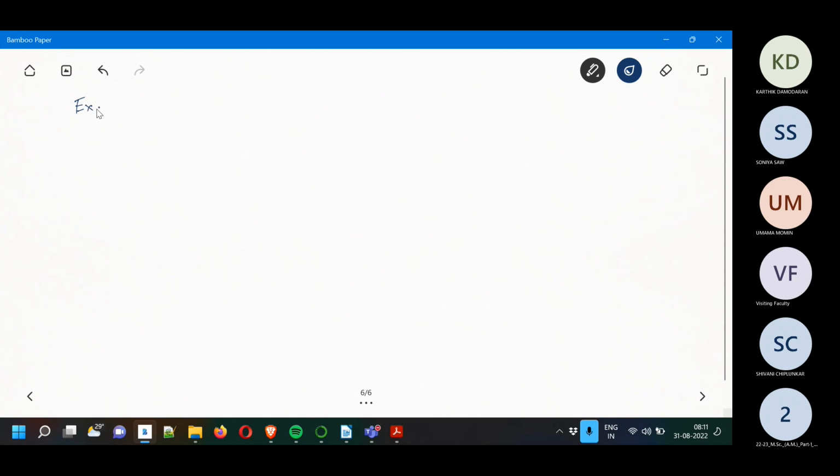So examples. So you can always say that take n square. N square is theta of a times n square plus bn plus c for fixed a, b, c greater than or equal to 1.